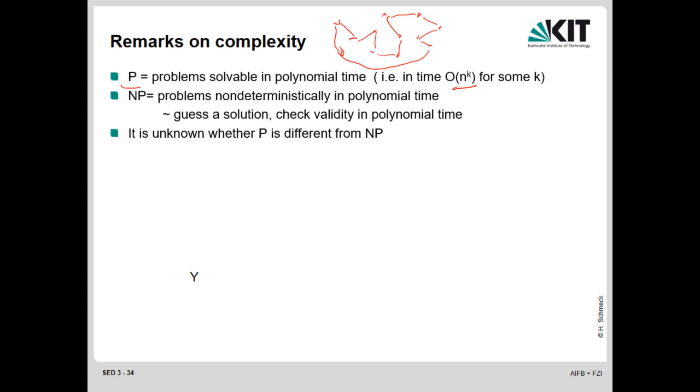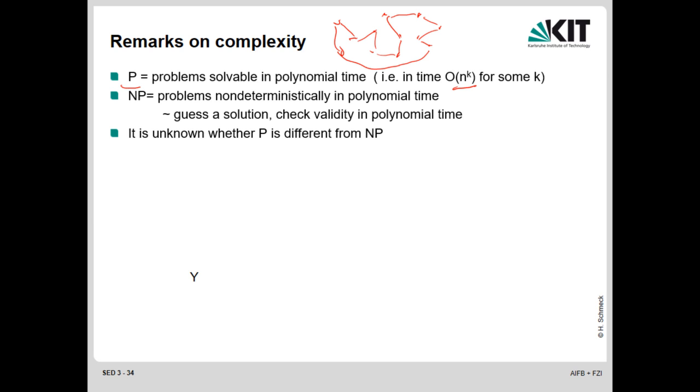Because we can simulate the non-deterministic approach in exponential time with a deterministic approach. But we don't know whether maybe there are some clever methods of solving a problem which is solvable non-deterministically in polynomial time, also in that time with a deterministic algorithm.